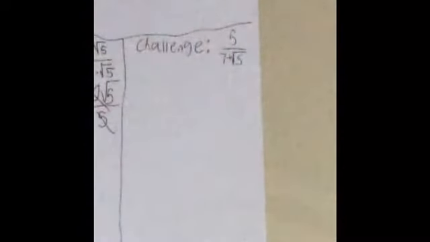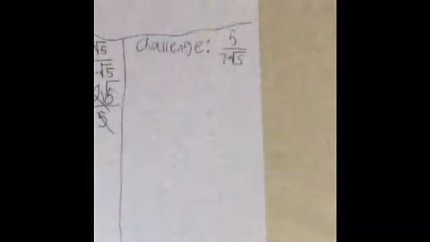Next up we have a challenge problem. As you can see, it's not just a number with a radical. So now we're actually adding. The first step is going to be a little different. We have to rewrite our expression, 5 over 7 plus rad 5.